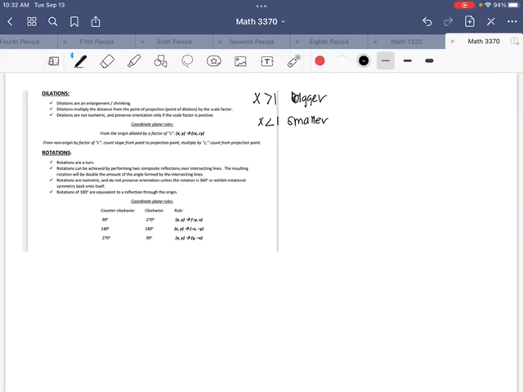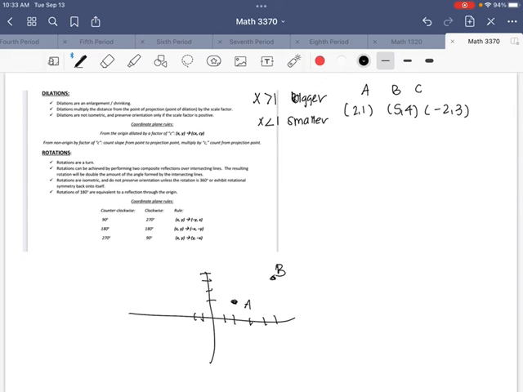So if I had a triangle and the coordinate points of the triangle were 2, 1, 5, 4, and negative 2, 3, and these were my triangle points, and we can plot them. I'm just going to sketch them: 2, 1, 5, 4, and negative 2, 3.